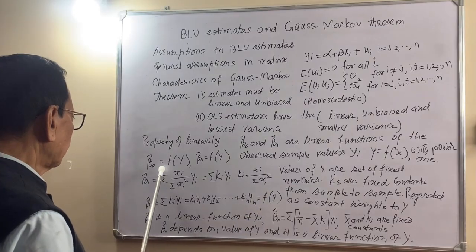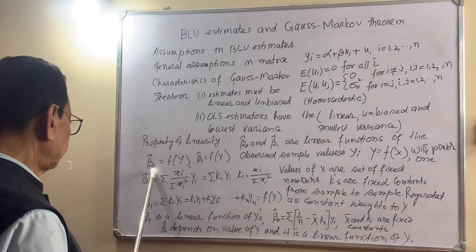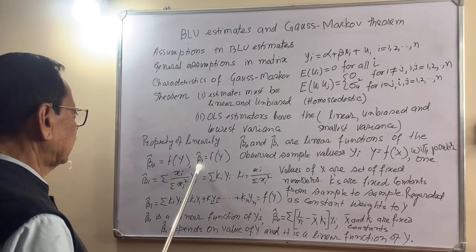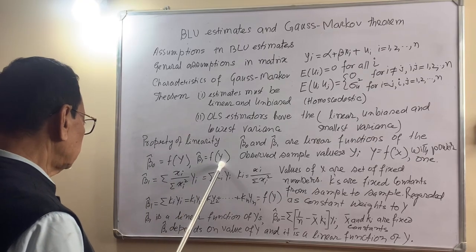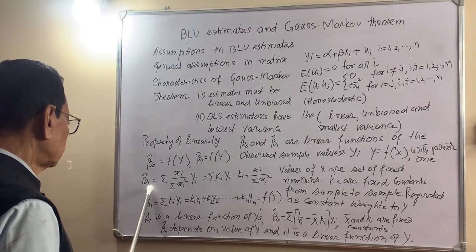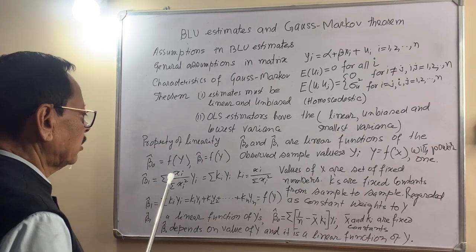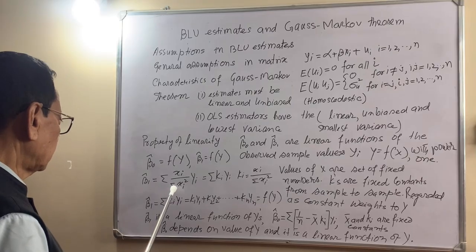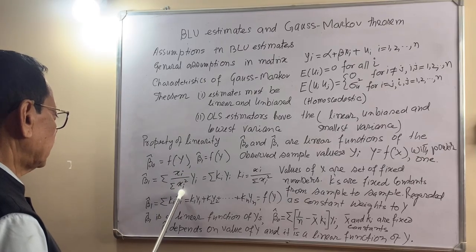Beta 1 estimated, we got earlier, is equal to sum xi yi by sum xi square.